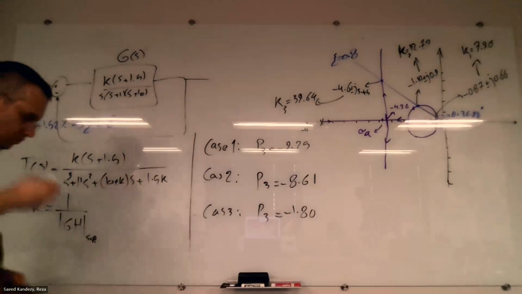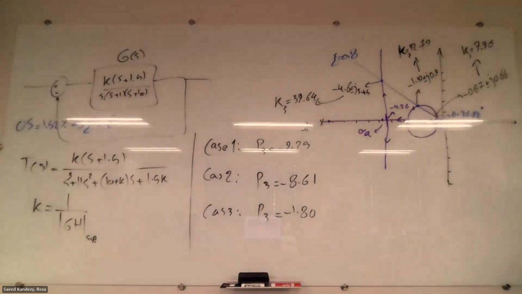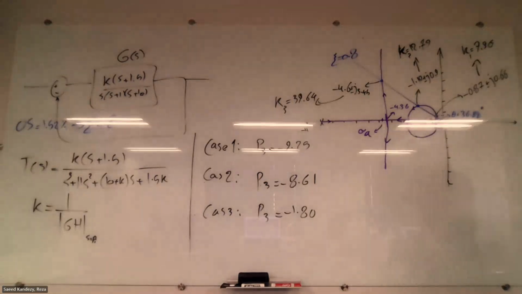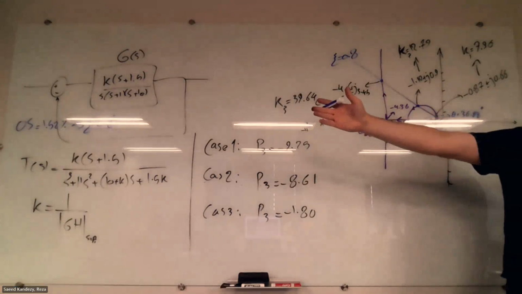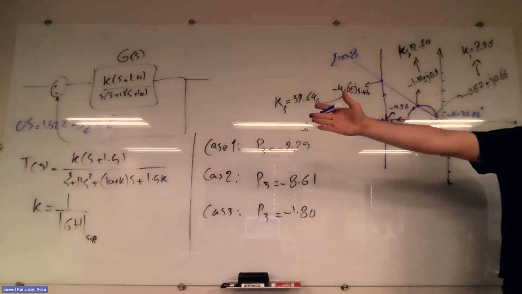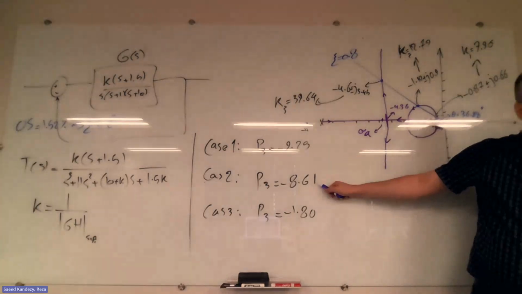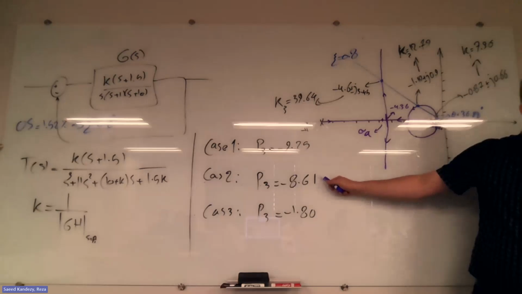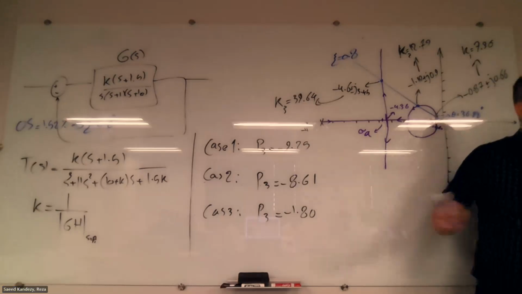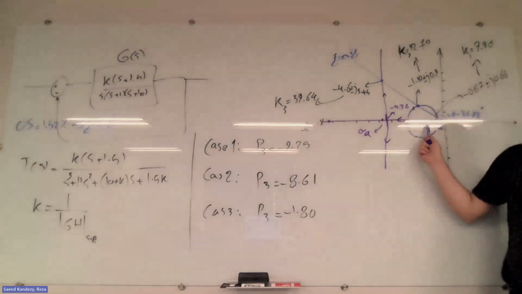Now, we said poles further away from the zero line would have less effect. So these two would have less effect on the second order system, while we still have the zeros.